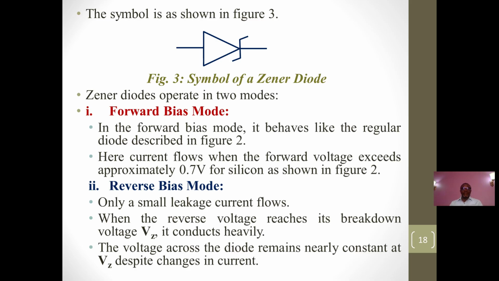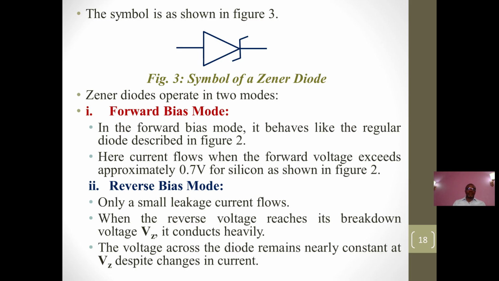Zener diodes operate in two modes. We have the forward bias mode, in which it behaves like a regular diode. In forward bias, current flows when the forward voltage exceeds approximately 0.7 volts for silicon, as we have seen in that figure 2.